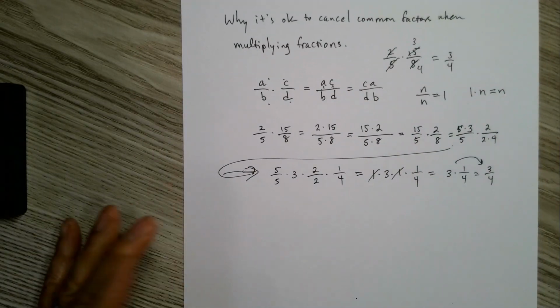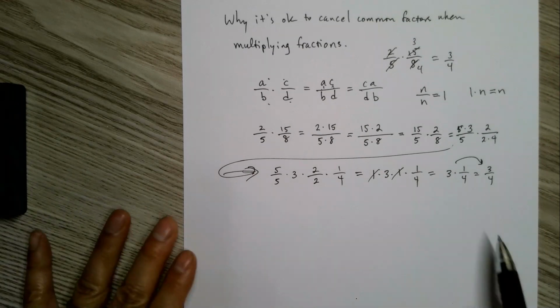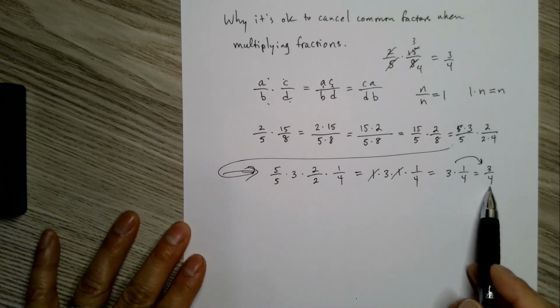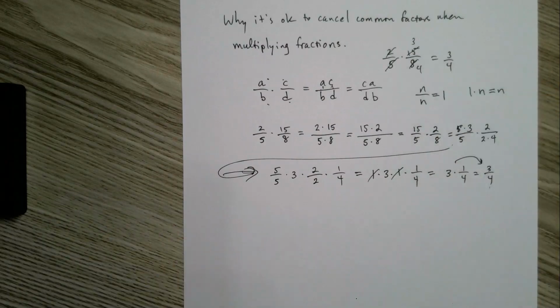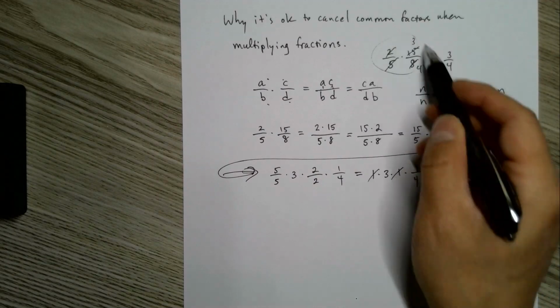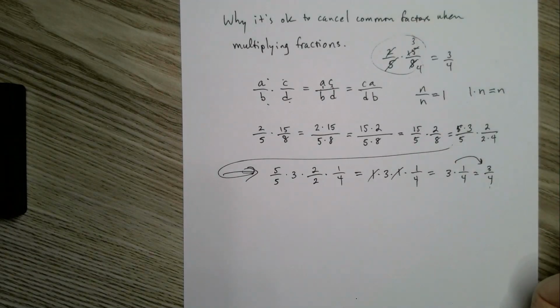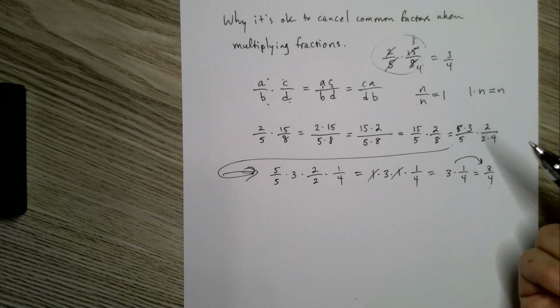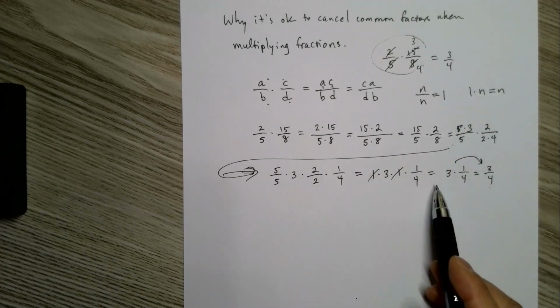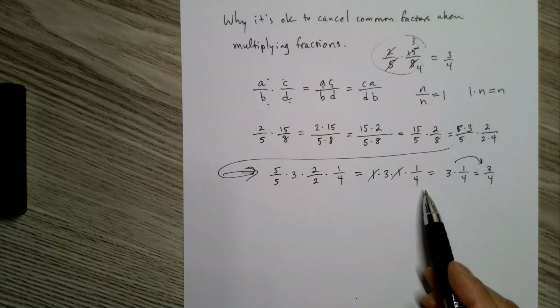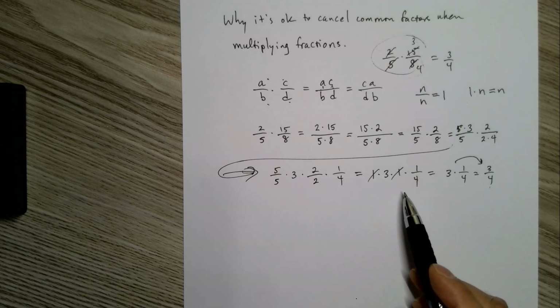So why did I go about that roundabout way to get the answer of 3/4? Because we already knew the answer was 3/4, and you probably know this method already. It's because this process of canceling common factors is the shortcut, the summary of what I just did. Every step I just did is a legal step based on some property or law, some eternal truth in math.